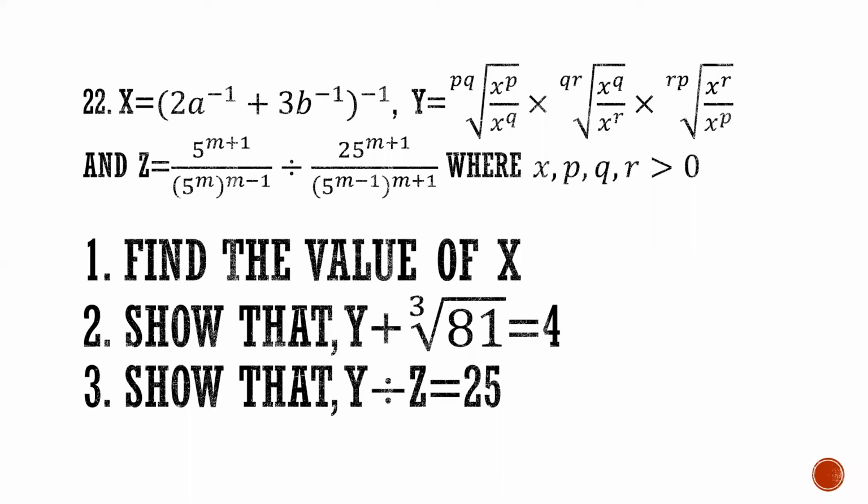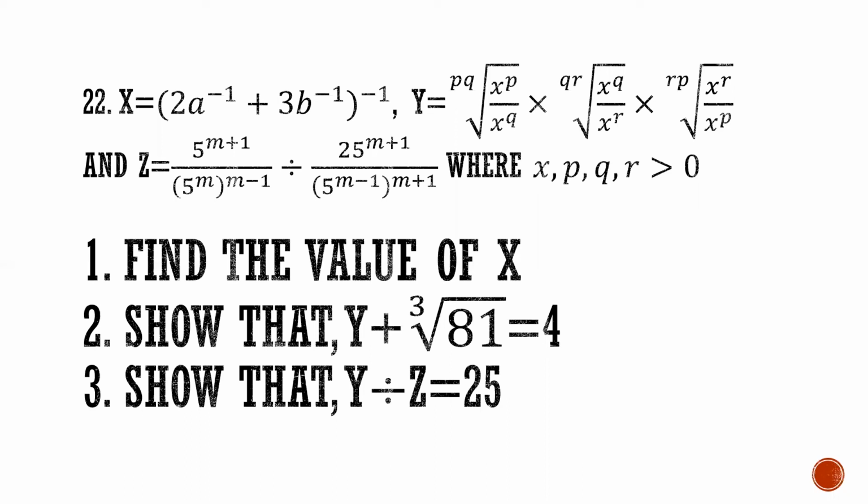Our last math from the chapter 4.1 is number 22. This is also a creative question. The problem is x equals (2a inverse plus 3b inverse) whole inverse, y equals pq-th root of (x^p / x^q) into qr-th root of (x^q / x^r) into rp-th root of (x^r / x^p), and z equals ((5^(m+1)) / (5^m))^(m-1) divided by ((25^m + 1) / (5^(m-1)))^(m+1), where x, p, q, r all are greater than 0.